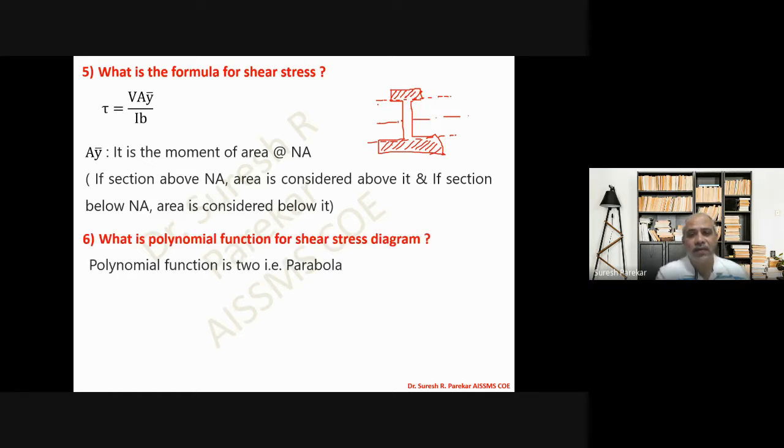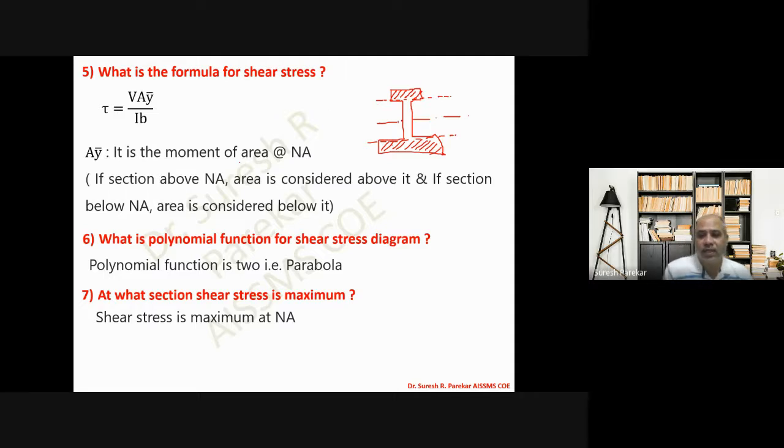What is the polynomial function for shear stress? The polynomial function is two, that is a parabola. Shear stress is maximum at the neutral axis. Now why do we have a parabola? If I write the equation, tau is equal to V A y bar upon I B. For a particular section, V, I, B are constant, so tau is proportional to A y bar.